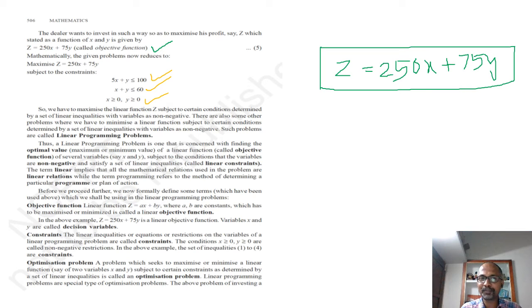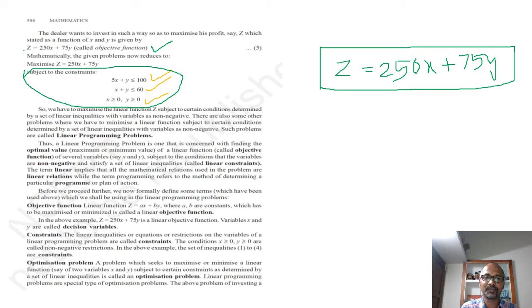And you can state the problem very simply: Z is equal to 250x plus 75y, which is called the objective function, subject to the constraints. So we have to write this: Z is equal to 250x plus 75y subject to the constraints.